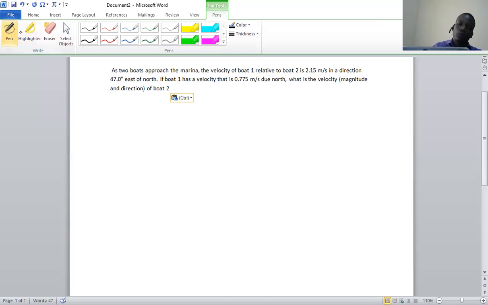So we have this kind of scenario. This is our compass, so we have north, east, west, and south.